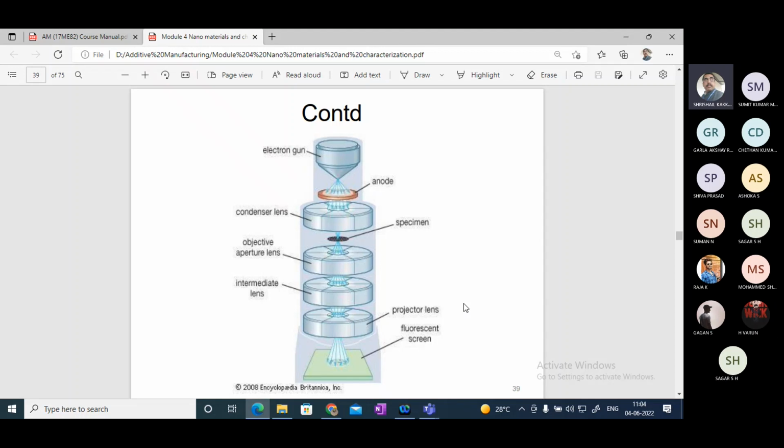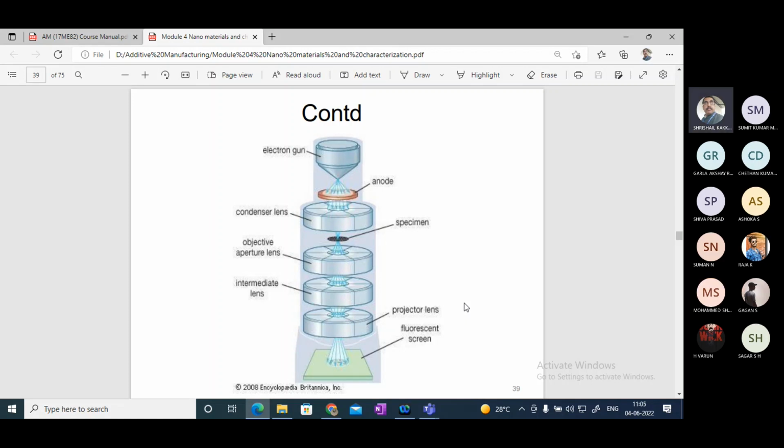So many things will be there, and these will make the electrons flow in a proper pattern and enter into the specimen. After passing through the specimen, you can see the fluorescent screen, on which the magnified image of the object, containing the inner parts like nano materials, we can visualize.